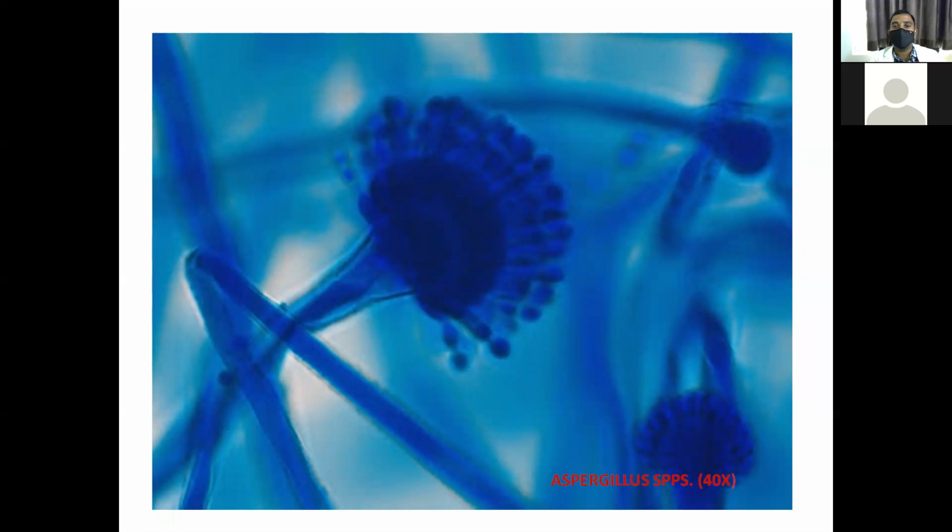Then you will see very clearly the vesicle, sterigmata and conidia in 40x. This one is Aspergillus species. By the pigmentation you will confirm which species it is.